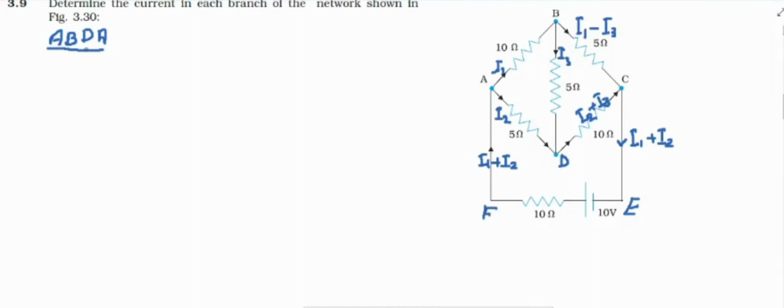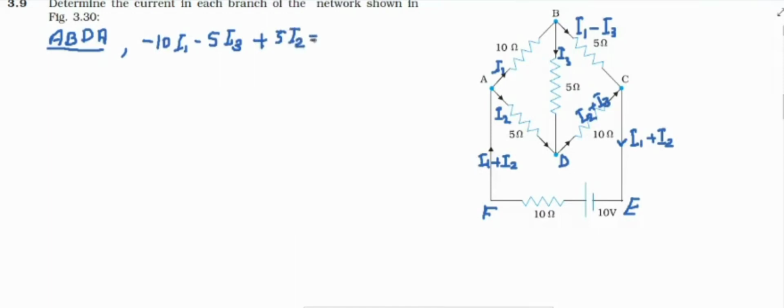Then take a closed loop ABDA. Apply Kirchhoff's rule with the proper sign convention. You will get 10 I1 minus 5 I3 plus 5 I2.